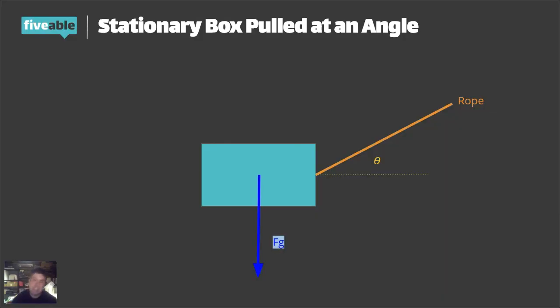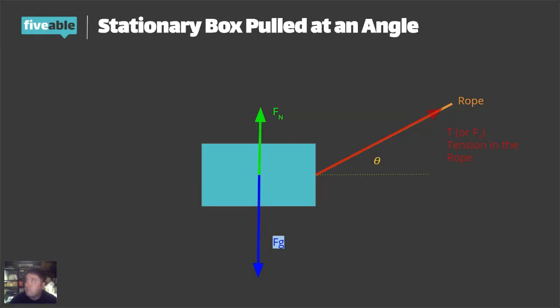Goes straight down, nothing super different about that. So in all of our examples so far, whether I'm just letting it sit there, pulling on or pushing on it sideways, or now pulling on it at an angle, gravity is still there, still pulling straight down, doing its thing. We also have a normal force pushing up, and that's the ground pushing up on our box.